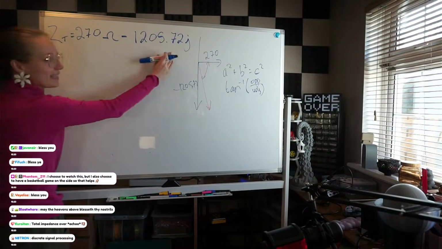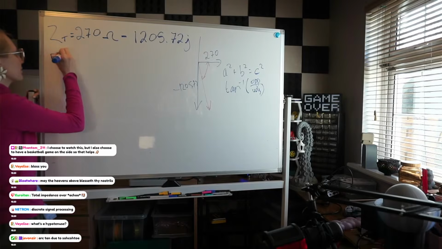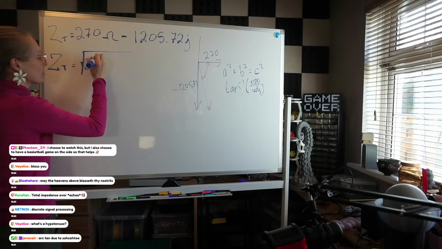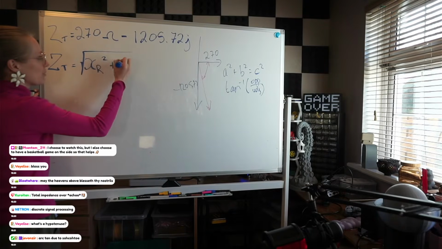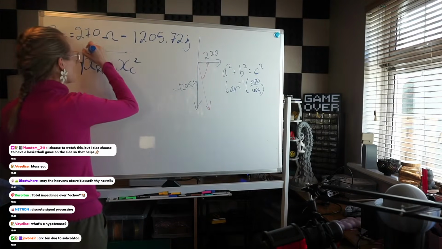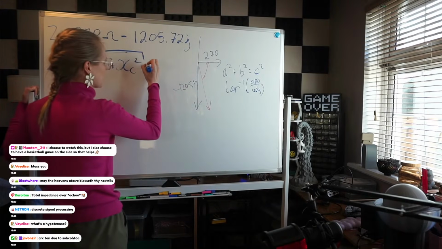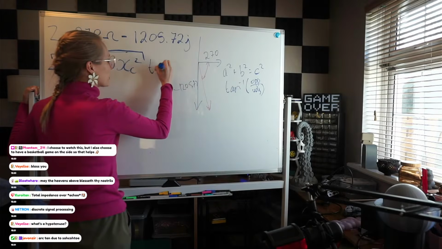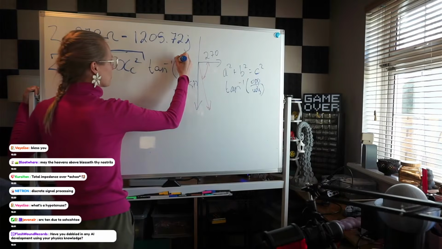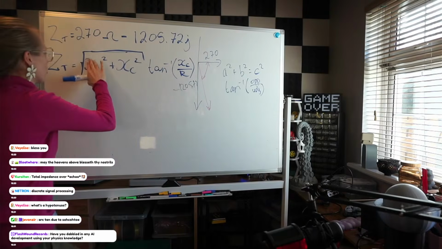So to calculate this and express it in something we call the polar form, it's going to be equal to the square root of the reactance of the resistor squared plus the reactance of the capacitor squared. I usually just write R, but just be mindful of that. And the angle is arctan of the opposite, which is XC over R. I can change the symbol to R, just the resistor value.